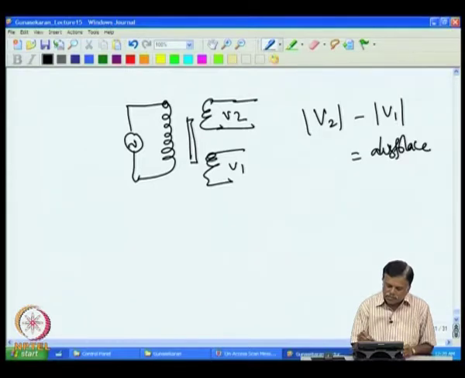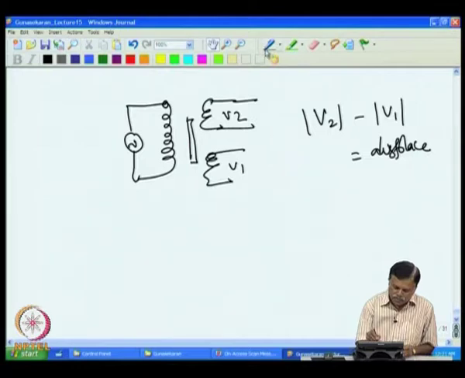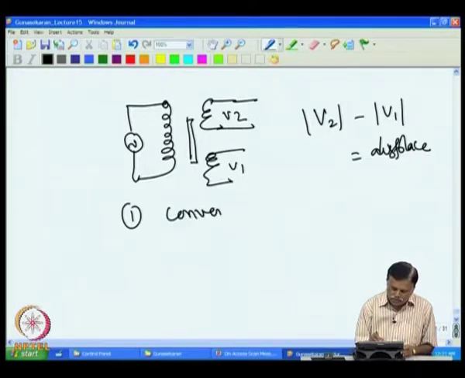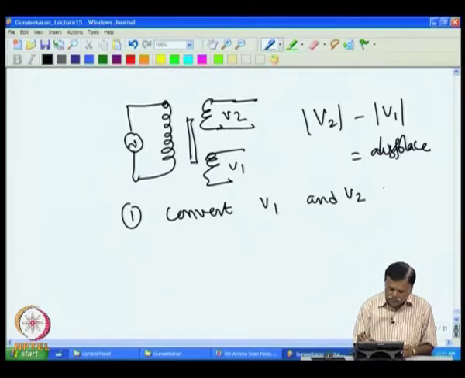That means I had to rectify and make it DC, this also I should rectify and make it DC, and then the difference between these two DC voltages will give me the displacement. That means what I had to do is convert V1 and V2 into DC.